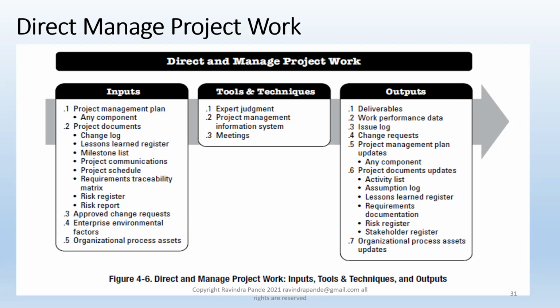And these are the three possible steps for any change to be accepted, sanctioned, and included in your work chart. And that's how we have to consider approved change requests, with all these details reflected in the requirement traceability matrix. And of course, we have EEFs and OPAs to help us execute direct and manage project work effectively, efficiently, with the least possible cost.